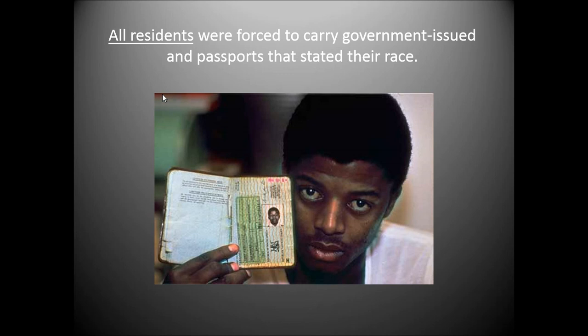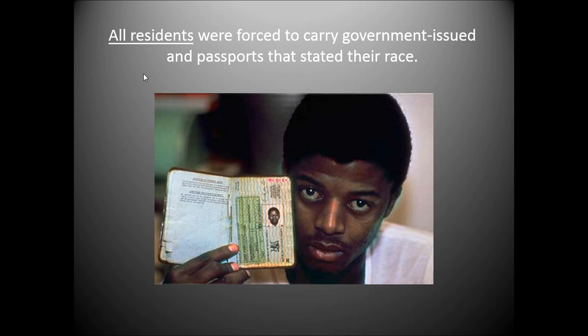And then the way that the separation was enforced was through a series of laws nicknamed the pass laws, where every single person was required to carry with them on their person at all times a pass book stipulating their race. So if you were out at night and you weren't in a township, you'd oftentimes be stopped by a police officer. He would see that, okay, you're assigned to this township, and you're a colored, and you would then be punished as a result.